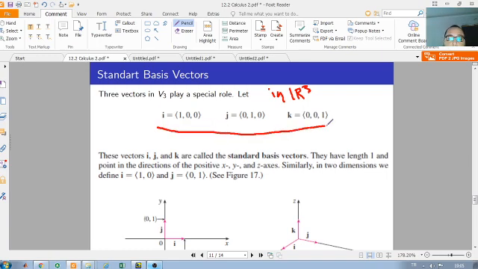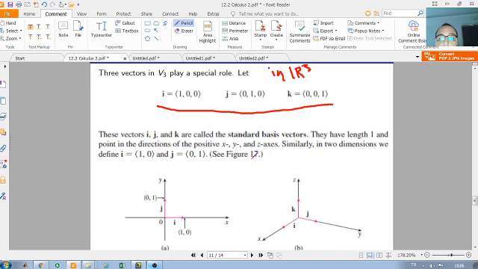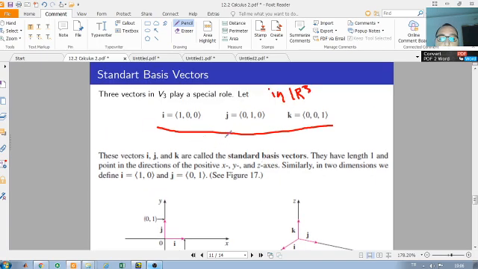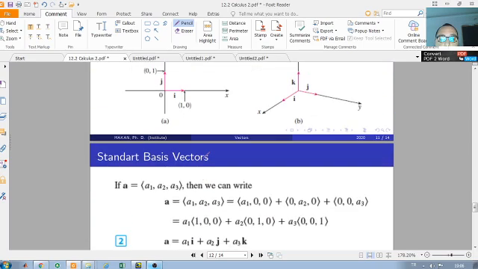For example, these are the vectors i, j, and k, bold i, bold j, and bold k. i is the vector 1, 0, 0, the second is 0, 1, 0, and the third one is 0, 0, 1. These vectors i, j, and k are called the standard basis vectors. Why do we say they are standard basis vectors? Because every vector can be written as a linear combination of them. I will show now in the next page.